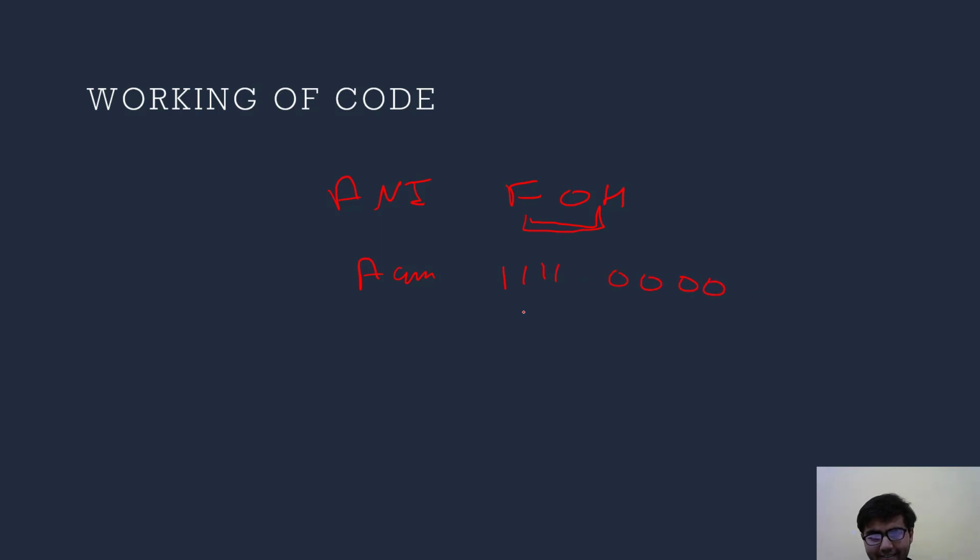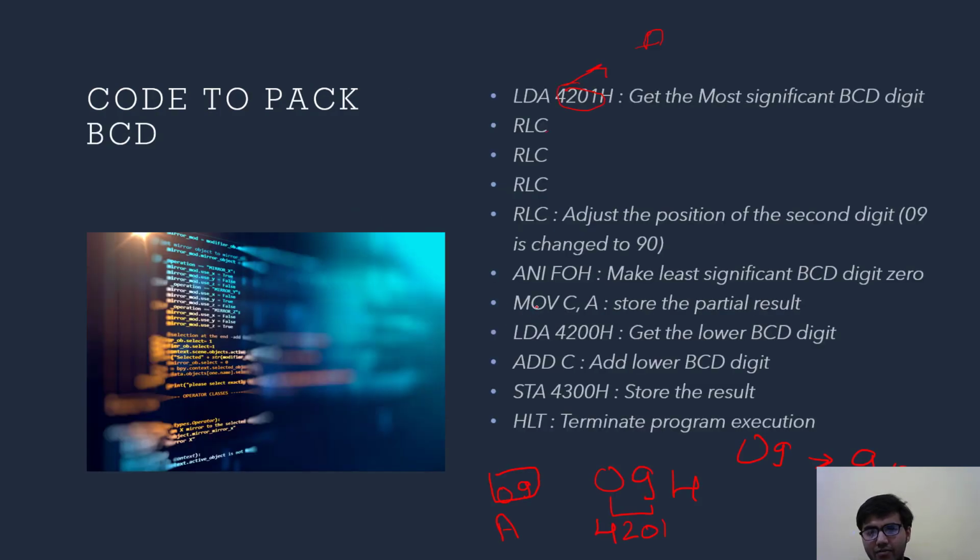So if I AND with the accumulator, it would just keep the most significant BCD digit and make the other one 0. That is what my ANI F0H is doing.